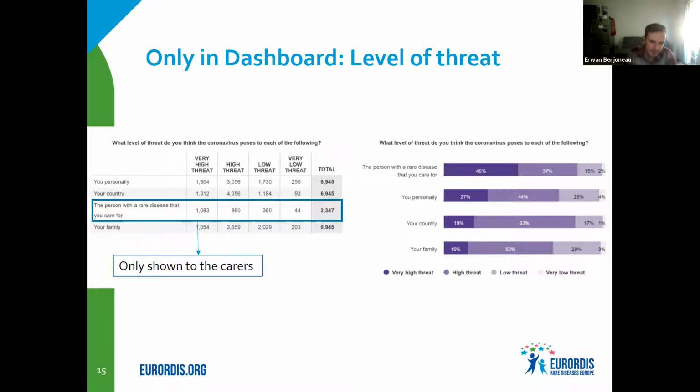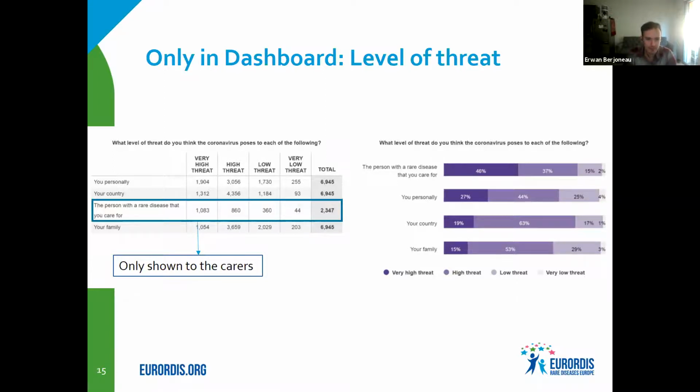Indeed, at the very beginning of the questionnaire, people were asked in which capacity they wanted to answer this questionnaire, and they had the choice to answer as patient, so they were answering for themselves, or carer, and it was family members. And in that case, they were answering on behalf of the patient.